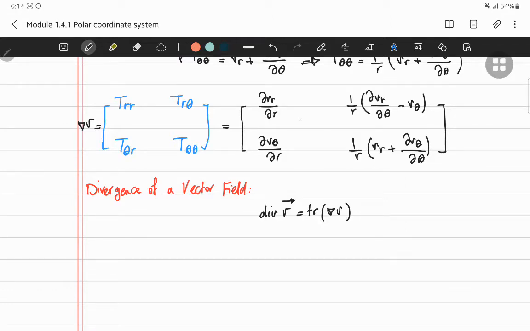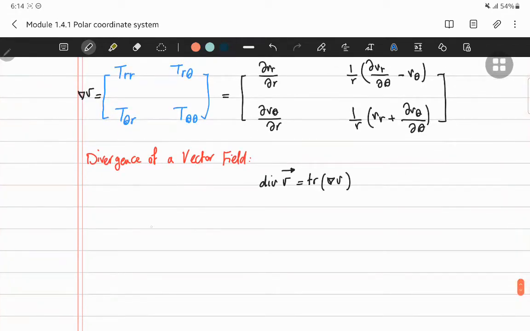So it is just the summation of these two. So the divergence of V is equal to this plus this: ∂v_r/∂r plus 1 divided by r times (v_r plus ∂v_θ/∂θ). That's it.